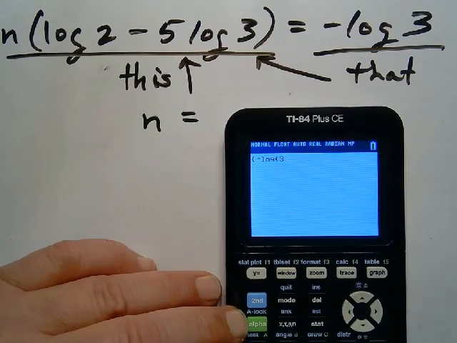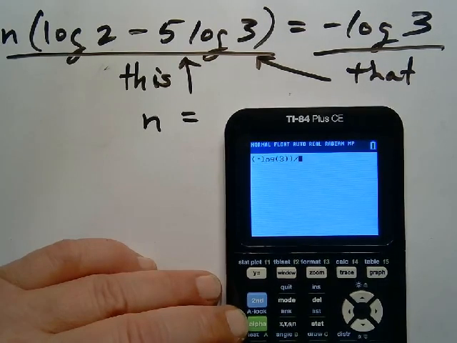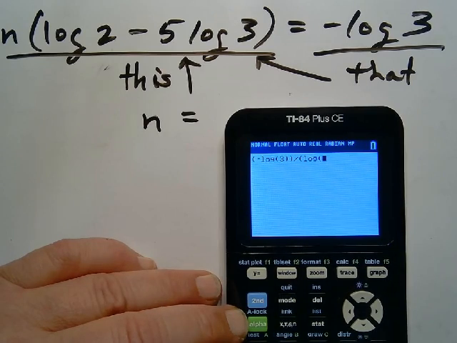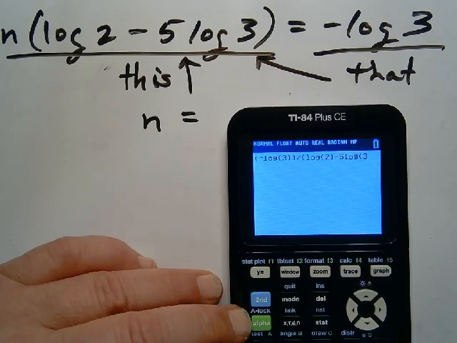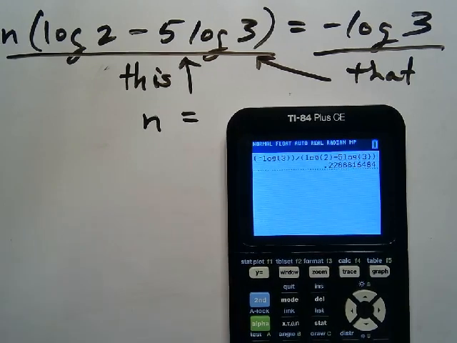Log base 10 of 3, close the numerator, divide by, open the denominator, log base 10 of 2, close the 2, minus 0.5 times, I don't have to hit the times button here, log base 10 of 3, close the 3, close the denominator, and I end up with 0.2289.